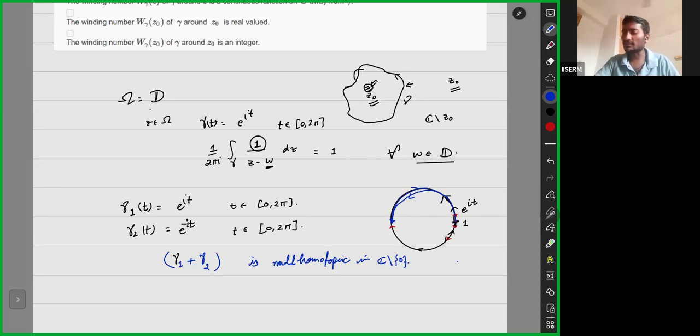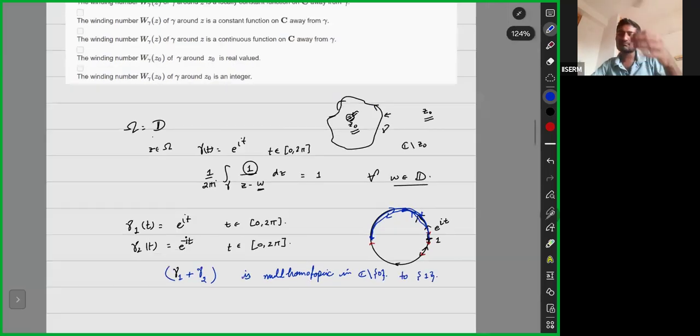So go this way, come back this way. That's again go up to here and then come back. At stage one, you will not start and you will not come back, so you are constantly equal to one. So it is null homotopic in C minus 0 to the constant curve 1.